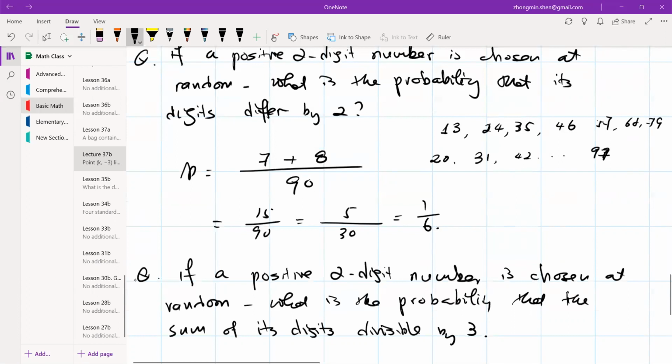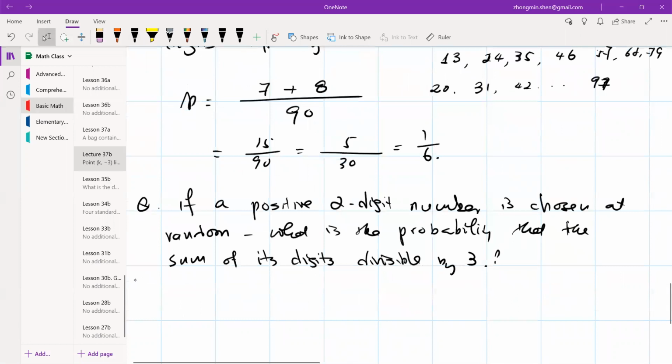Okay, let's do it this way. So again, the probability here, the denominator is still 90. As the sum is divisible by 3, we only consider those 2-digit numbers which are divisible by 3.